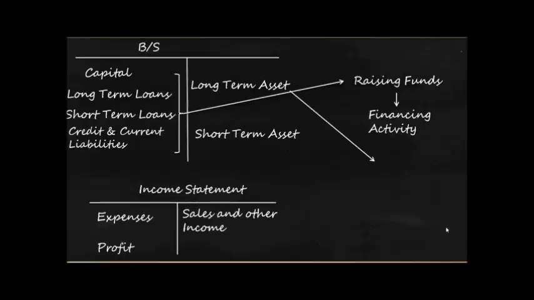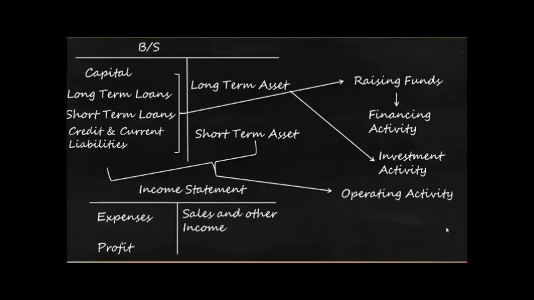And look at here, the long-term assets are being created, and these activities can be called investment activity for cash flow analysis purposes. And look at here, the short-term assets, the creditors and current liabilities. These are all called operating activities. These are all created out of operating activities. And look at the profit, it is also created out of operating activities.